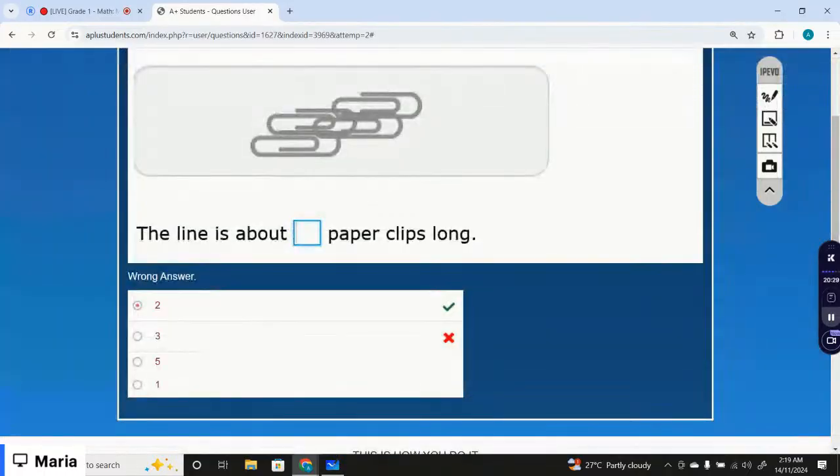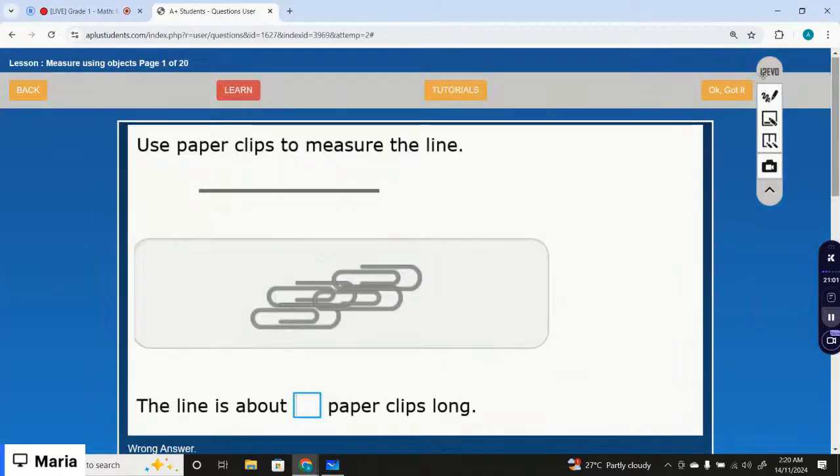Two paper clips long, right? That is two paper clips long, right?